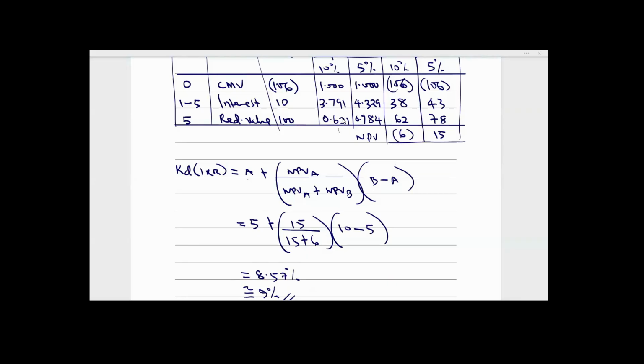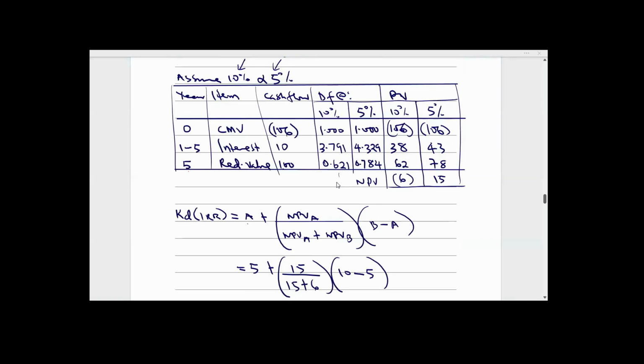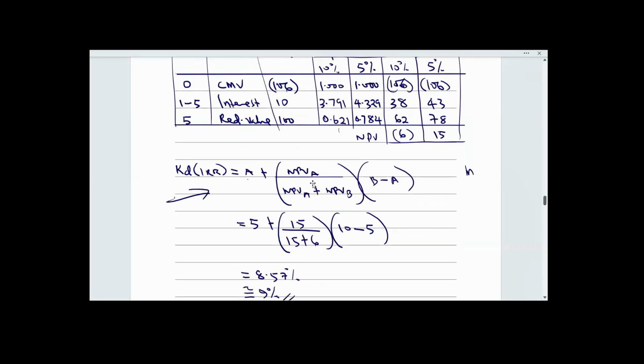The 6, the negative NPV, why do you use a positive value when substituting?